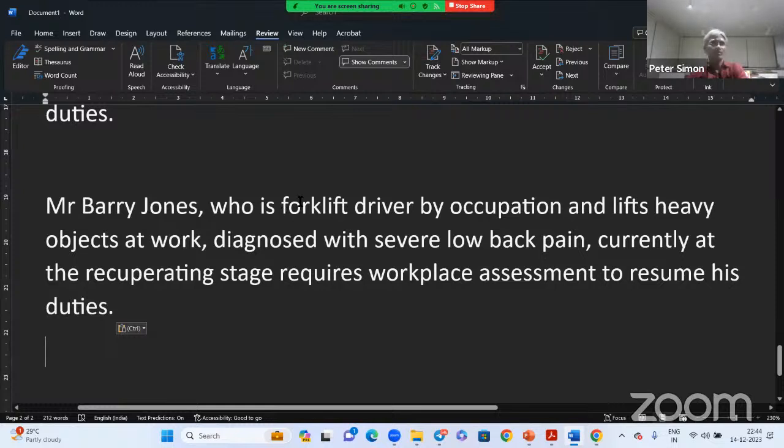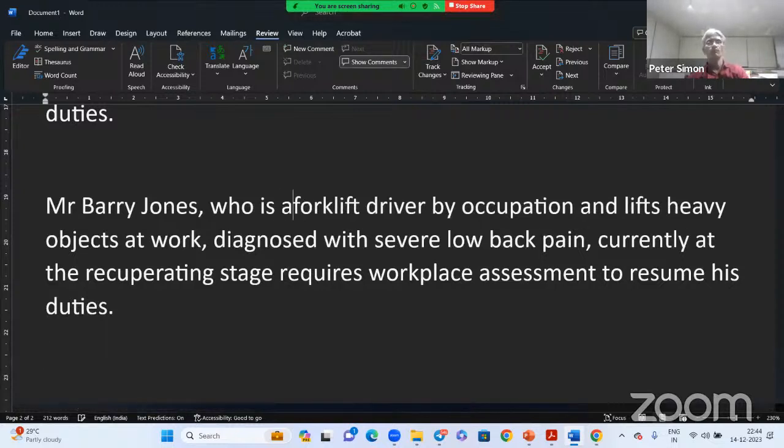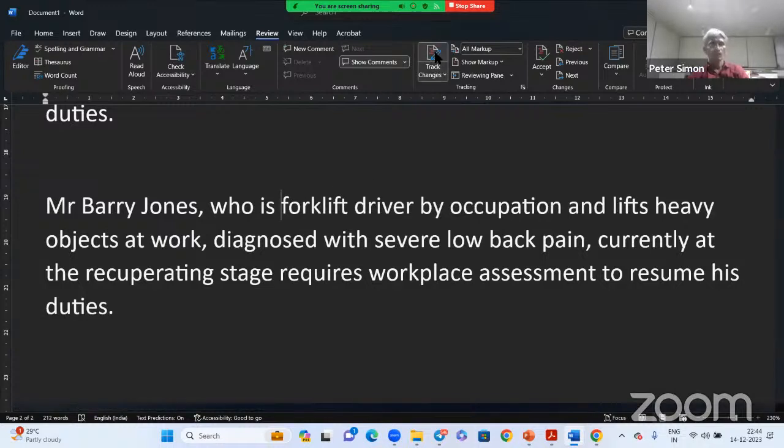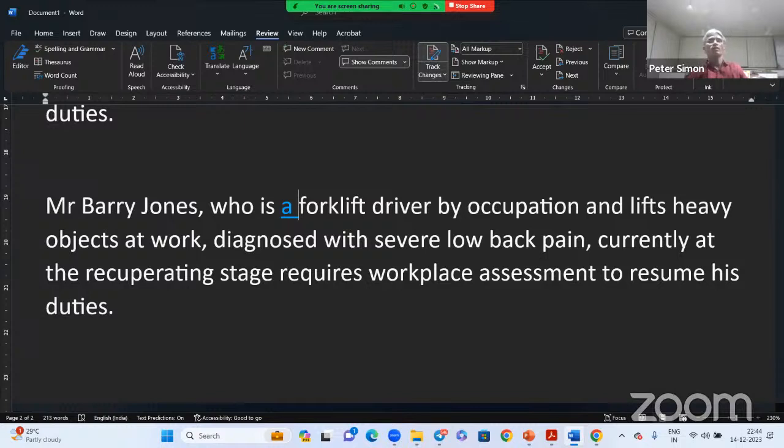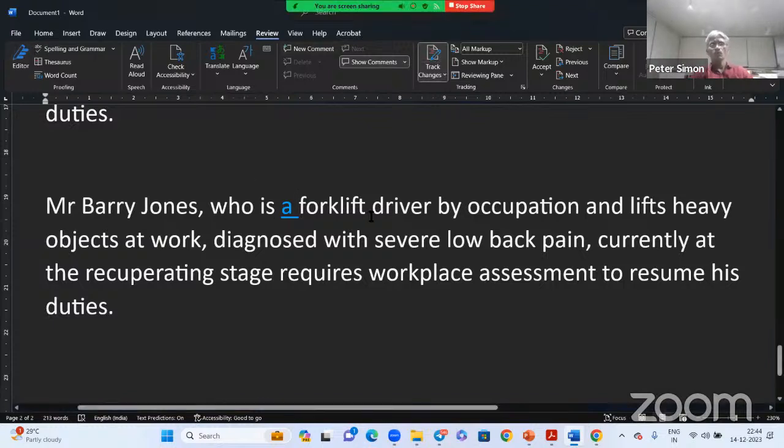Who is a forklift driver? A driver. Without a, you cannot write driver. Either it's singular or plural, you have to tell. Mr. Barry Jones, who is a forklift driver by occupation.